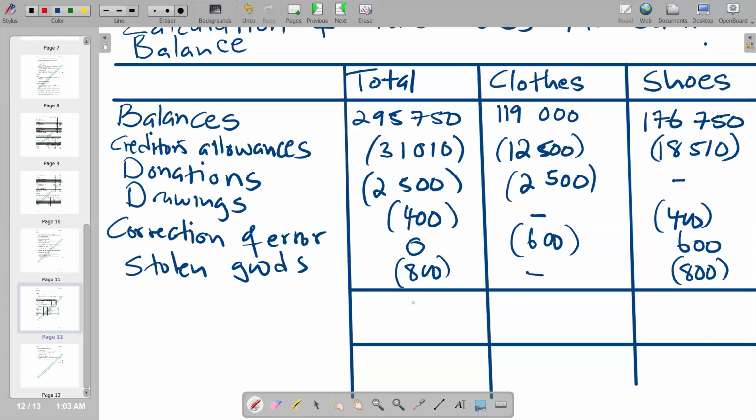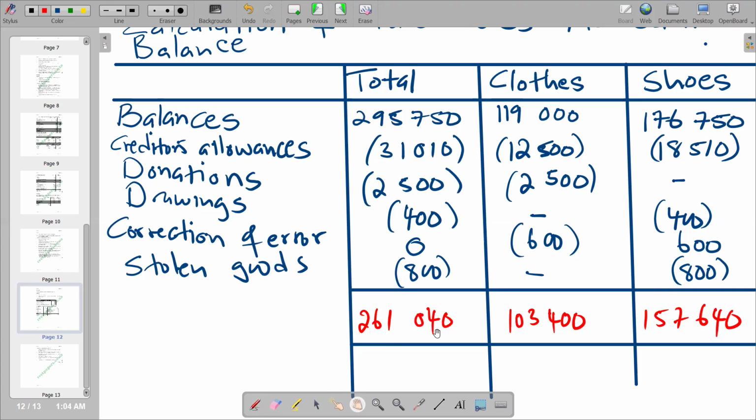We start with the total column. You see that the net figure that we're going to get at the end becomes 461,040. And then under the infants column, we've got 103,400. Under the shoes column, we've got 157,640. So basically, these are the final balances that we have for purchases.